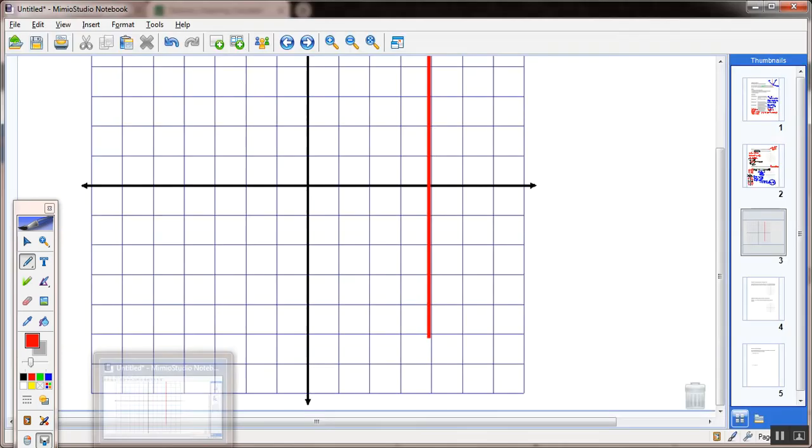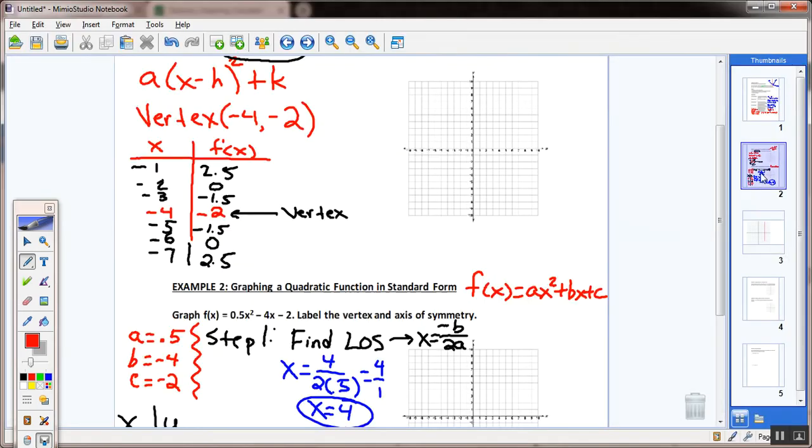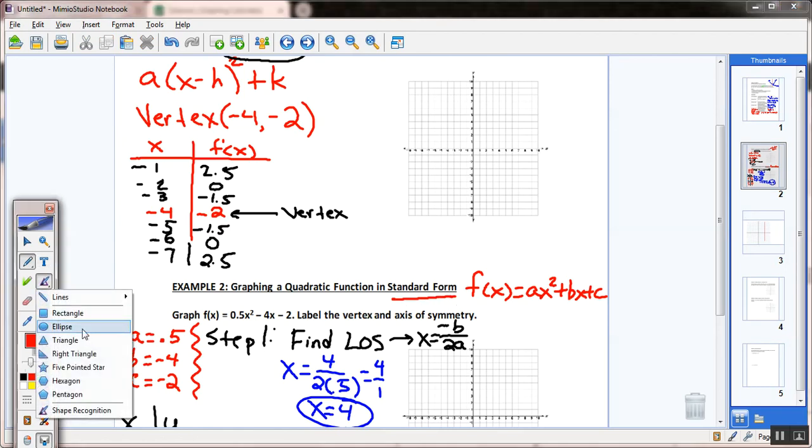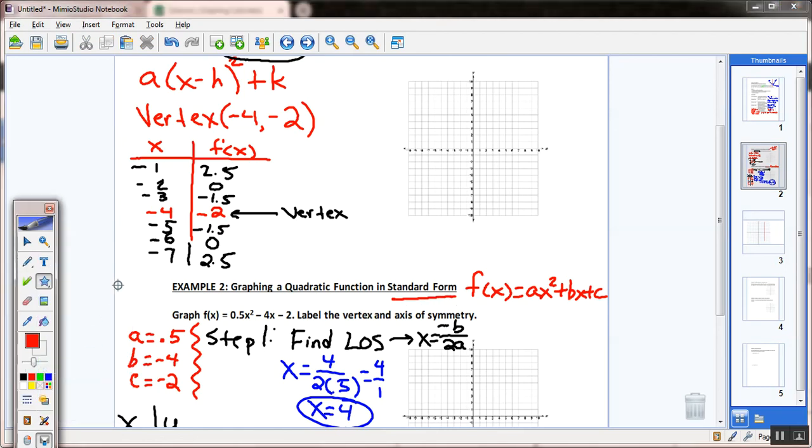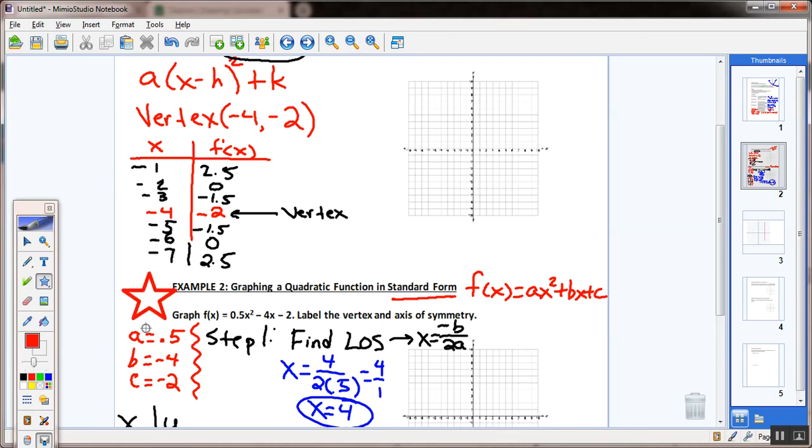Again, I want to go back to this right here. I think it's important that you're going to see a lot of stuff right here in standard form. This stuff right here, I would put a star by this because this example is going to be something that gets hammered a lot. So this is really important right here. That's going to be something that you see a lot of as we move forward with quadratics. So understand the difference.